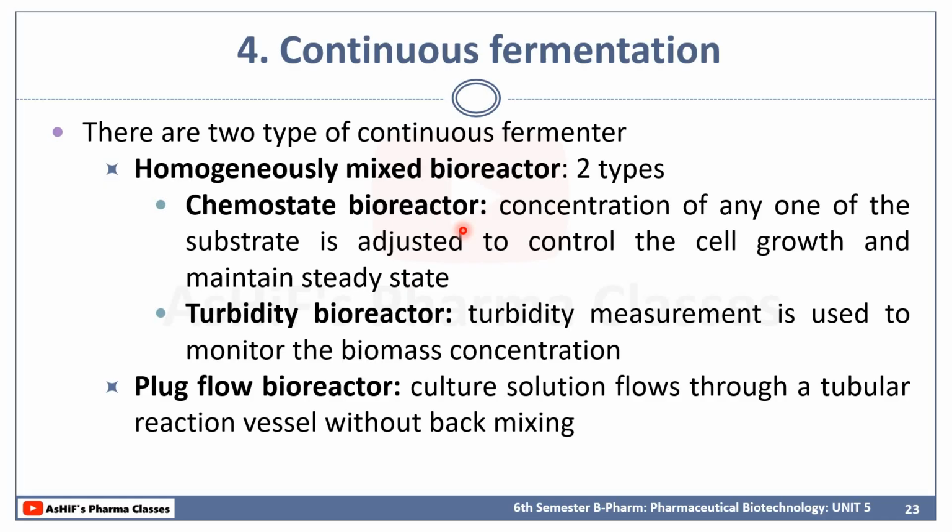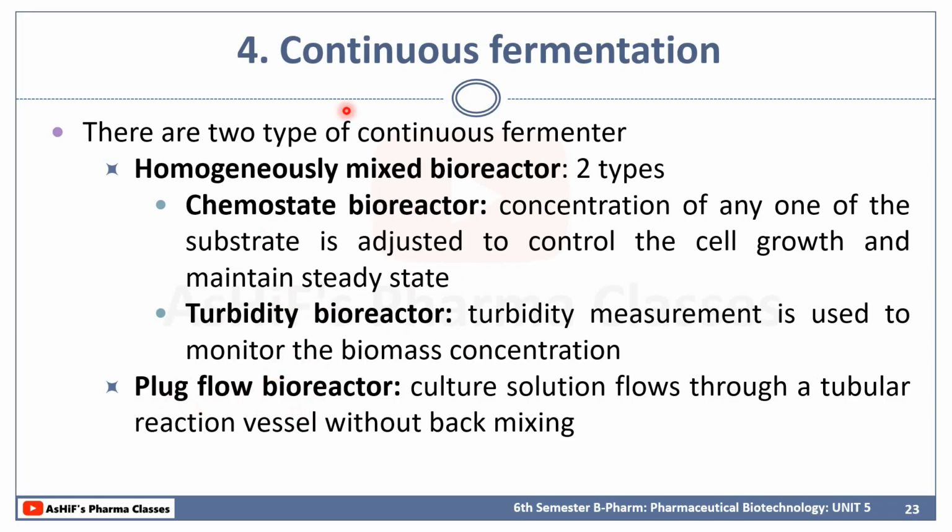We are going to adjust that to control the growth of microorganisms. And in case of turbidostat bioreactor, instead of measuring the concentration of the nutrient media, we are just measuring the turbidity by using some kind of absorbance method to monitor the biomass concentration. So that is the turbidostat bioreactor.